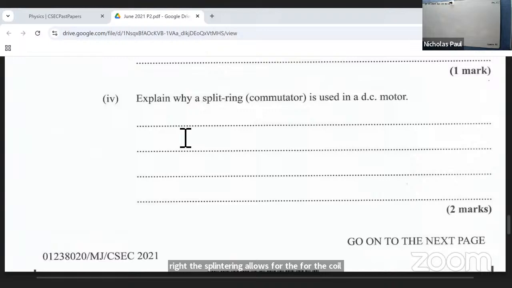Write it down: the split ring is used so that the coil will continuously rotate in the same direction.